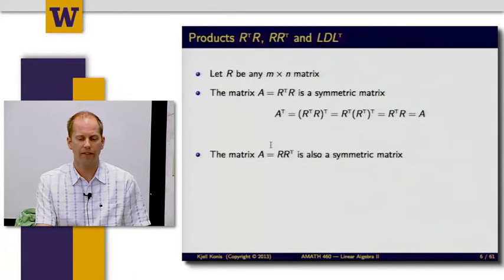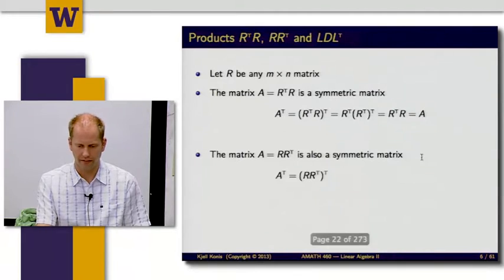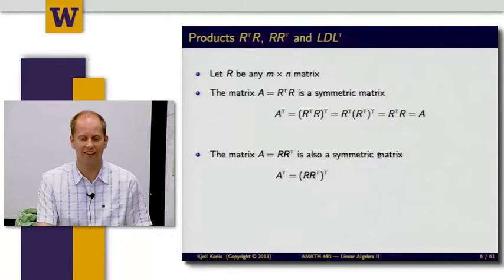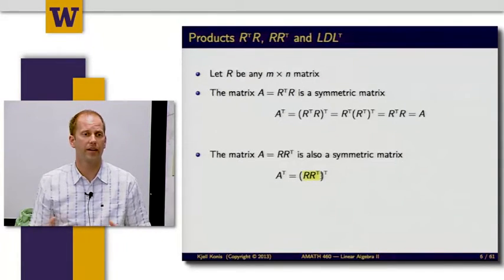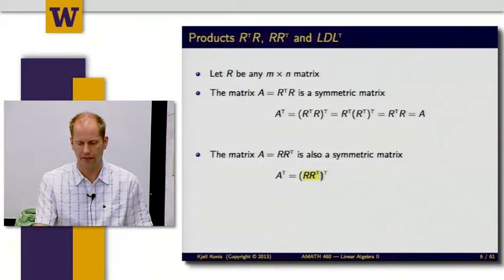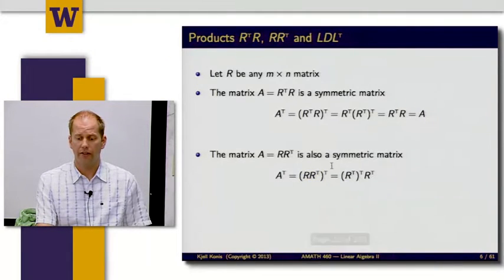And you can do something similar for A equals R R transpose. It's basically the same idea. I've defined A to be R R transpose, and I'm going to take the transpose of that. If I can show that's equal to A, then A transpose equals A, so A is symmetric. The same thing happens. It's just going to swap the two terms.